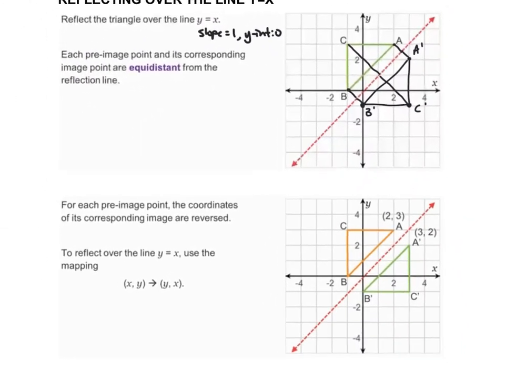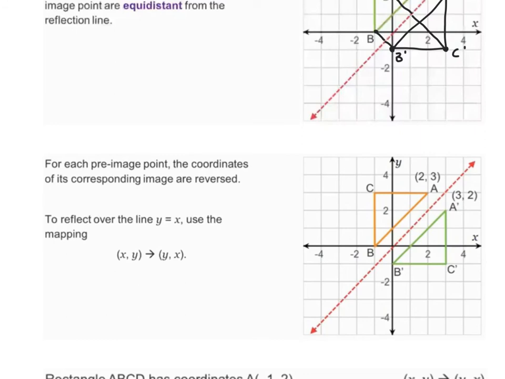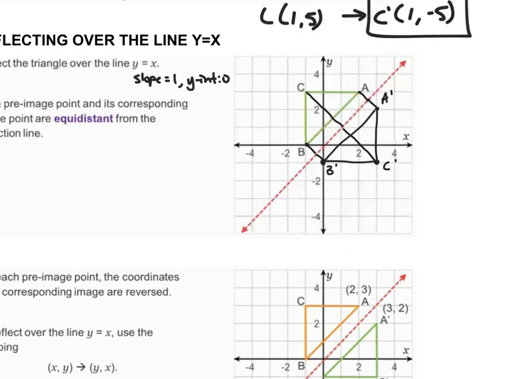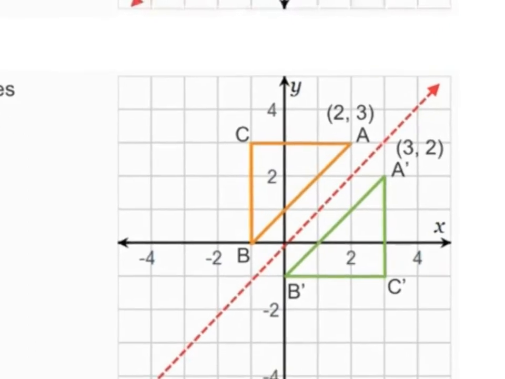Pretty cool, pretty nifty. So one of the things that you want to see here is, let's label all these points. And to show you what exactly happens, this is the point for A, is the point 2, 3, okay? C is the point -1, 3.